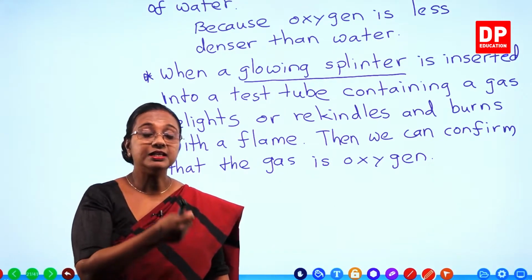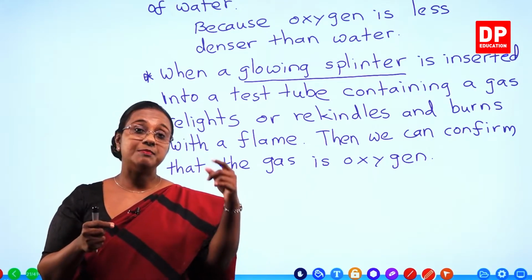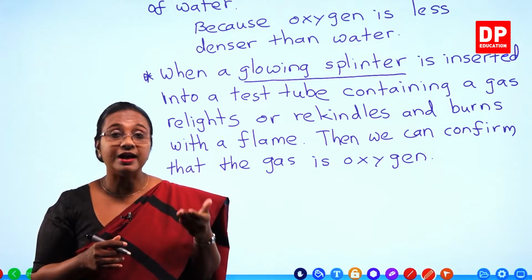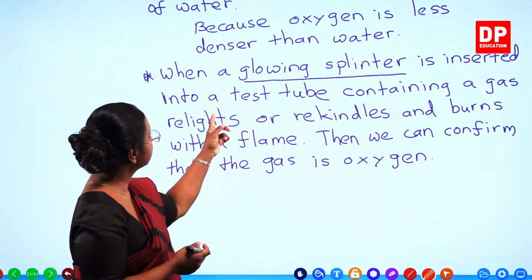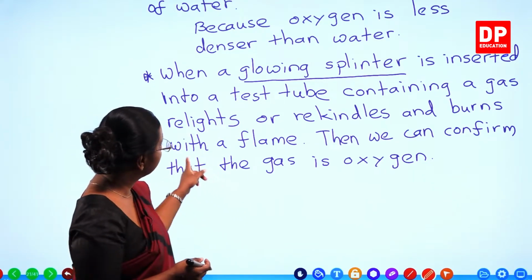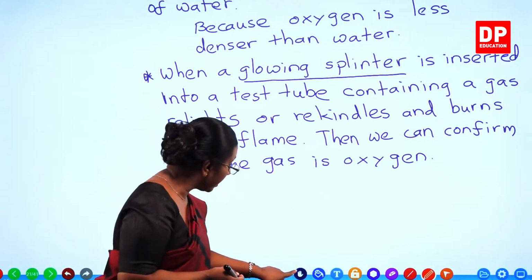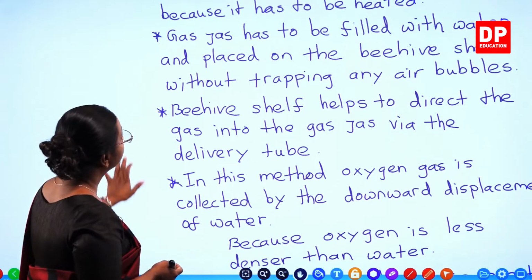We hold the eagle to the flame, and once it starts burning, we put off the flame, but the tip of the eagle, the end of the eagle has to have a glow. It has to have the burning nature. So it is a glowing splinter, not a flame. So then only we can confirm that the gas is oxygen. So these are all the considerations, students. I will go back and quickly go through these.